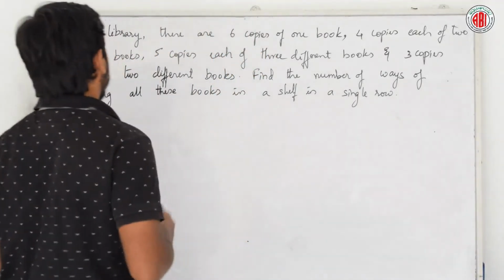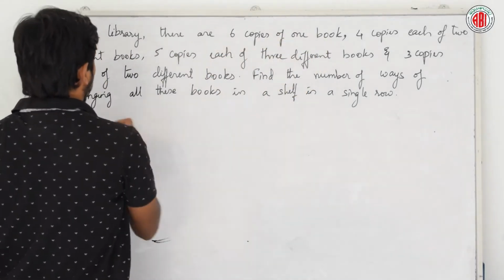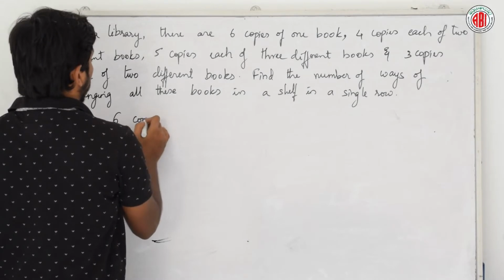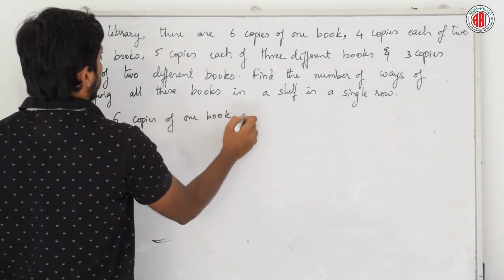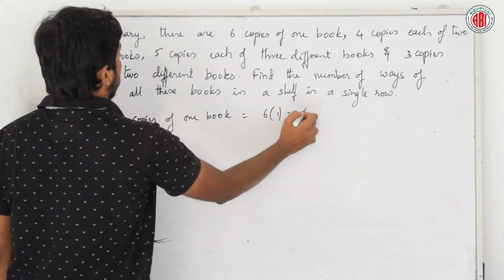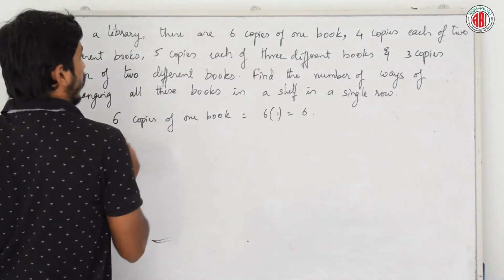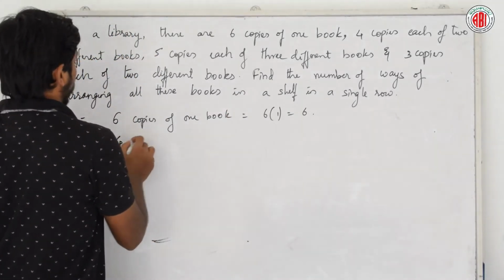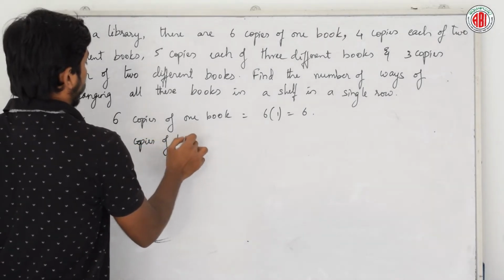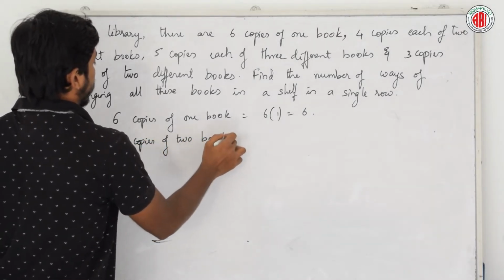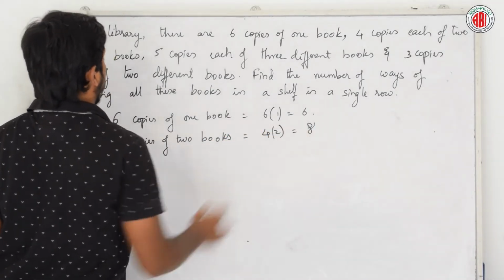First, 6 copies of one book. So 6 into 1, we will have 6 books. Next, 4 copies of 2 different books, so 4 copies of 2, that is 8.